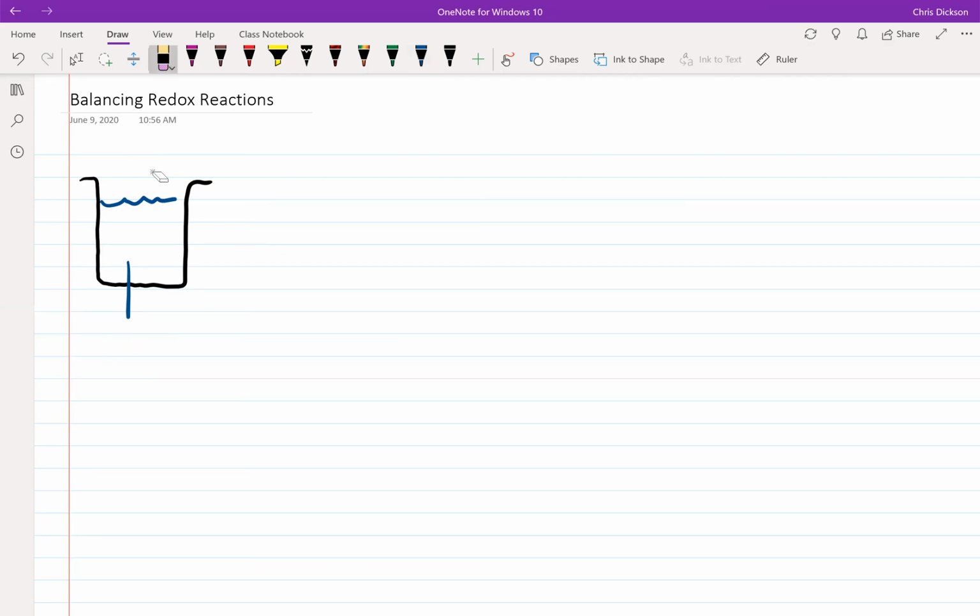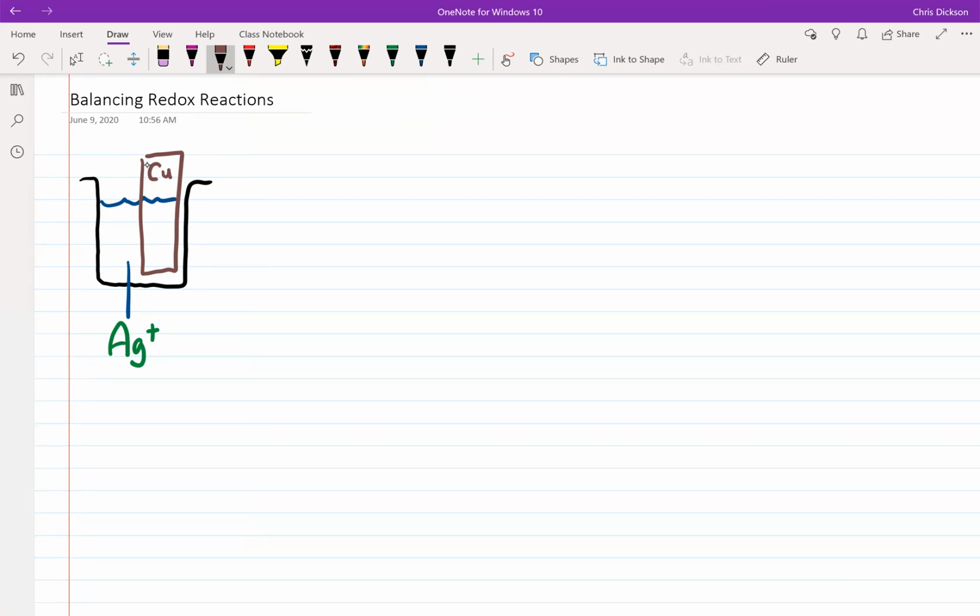We had silver ions in it, and we put in a bar of copper metal, and we also put some copper beads in, but basically putting some copper into some silver ion solution.